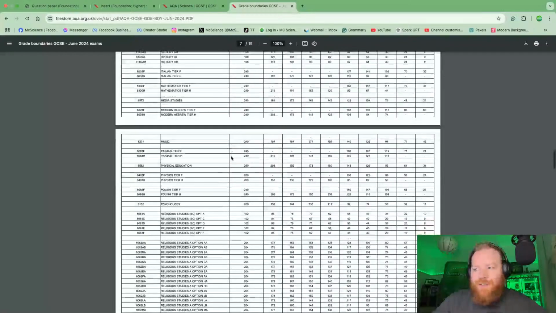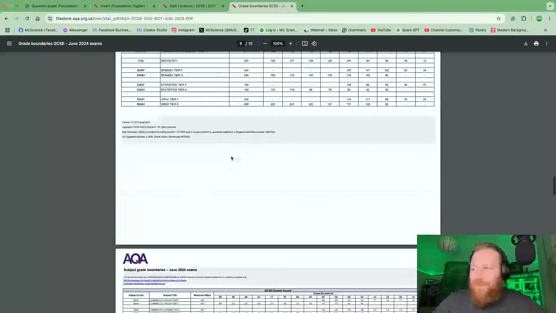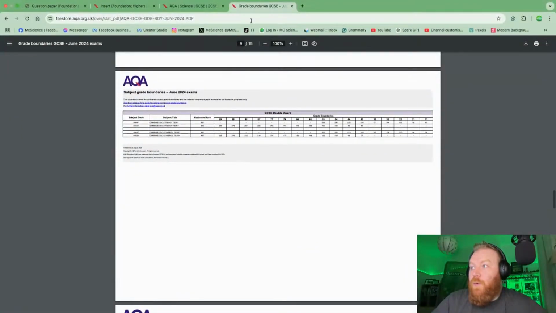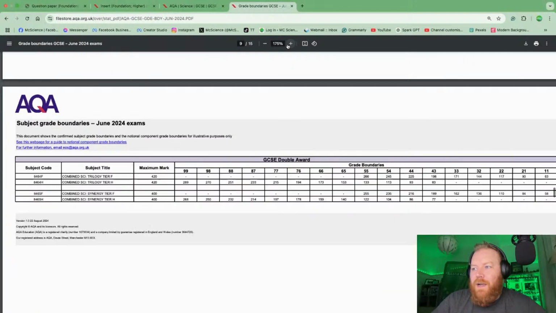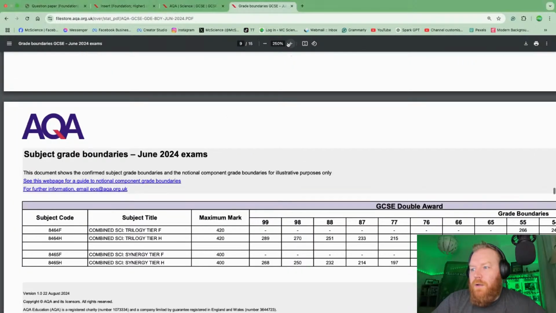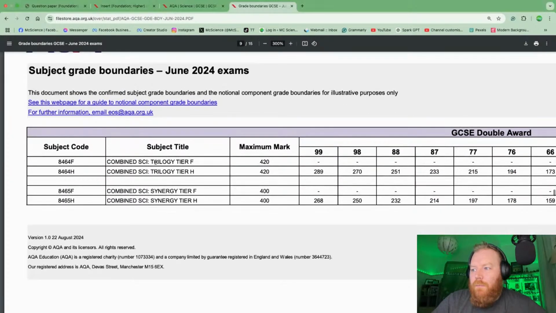Now, as you can see, there are a lot of different exam papers, and it will vary per exam. But if I was looking at AQA trilogy, for example, one of the first things is it's out of 420 in total. So that's all 6 papers added together.